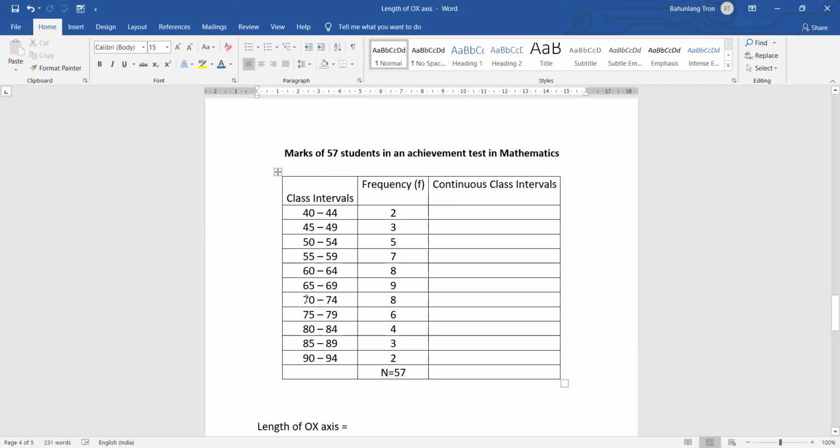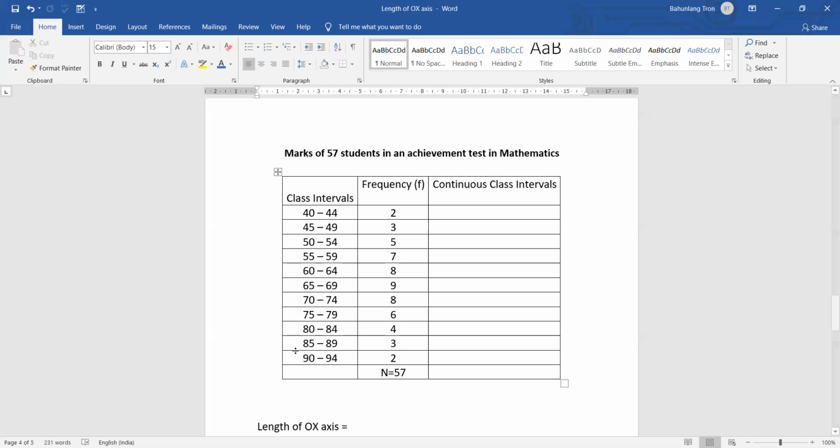You see here the class intervals are given, but please note that the class intervals are given in the inclusive class series, or the inclusive form, whereby the lower score and upper score are both considered. Here you have the frequencies. If data is in this form, you won't be able to plot the histogram, because this type of data is usually meant for plotting a frequency polygon.